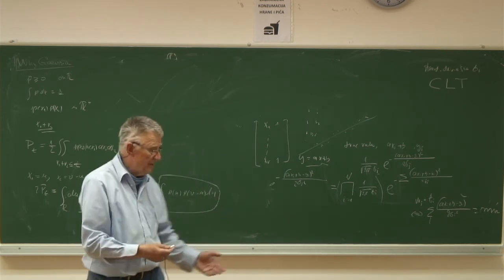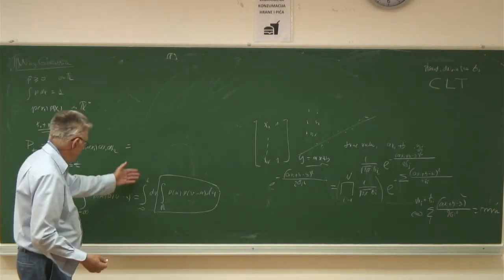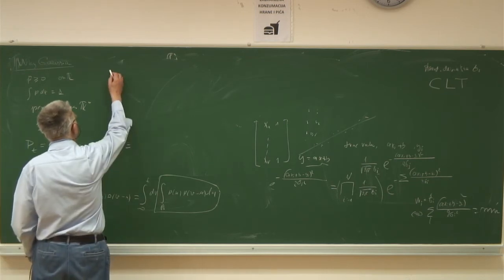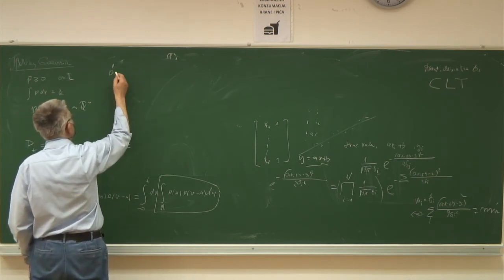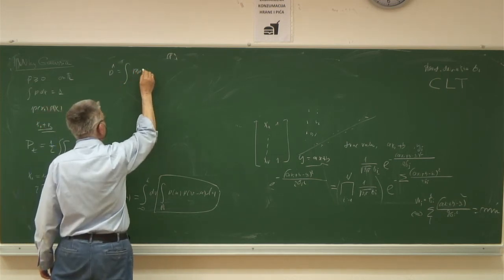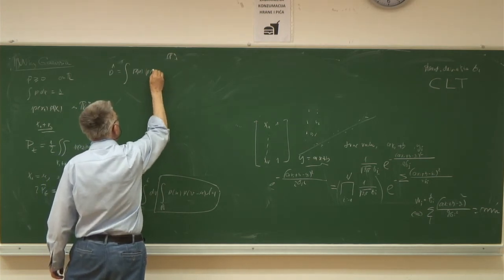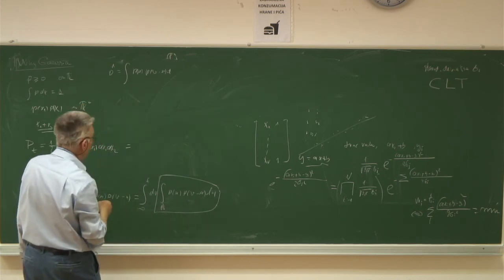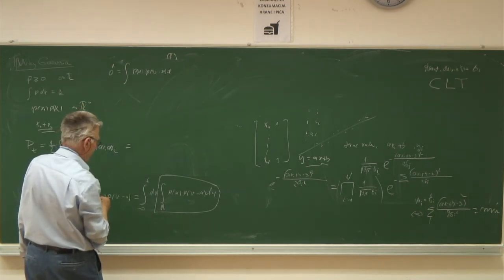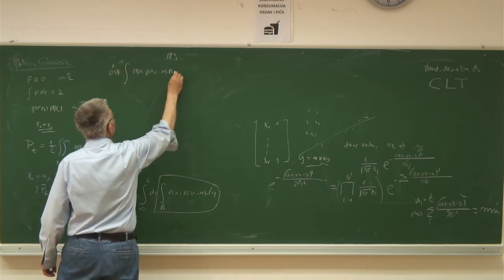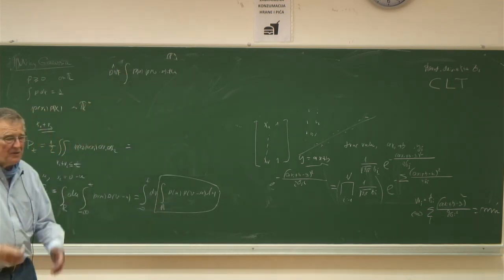If this is probability, then you just cancel the integral and get the density. So the new density will be p hat, the integral of p(u) p(v minus u) du. And what's that? This is a convolution.